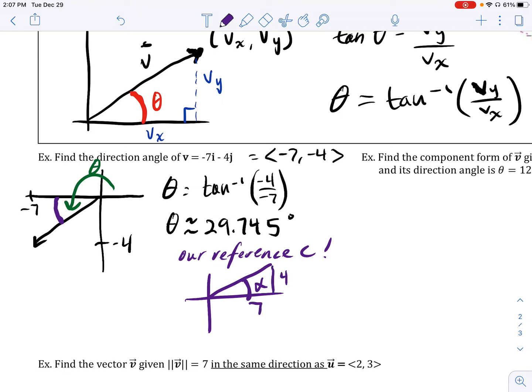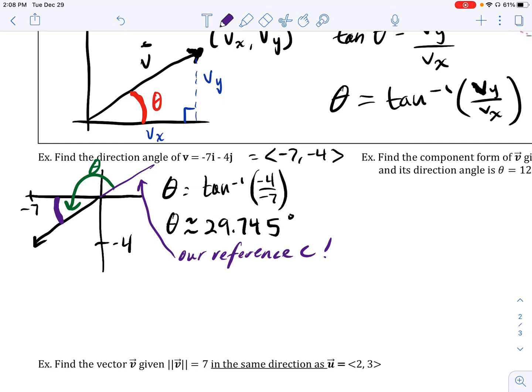That's what the calculator thinks we're doing because of what it understands about the range of inverse tangent. So we're going to leverage that and we're going to say, okay, since we're treating that as a reference angle, that's fine. We know that that is going to represent this same angle over here. So this angle that we just found, that's what the calculator gave us. We're going to say that that is our reference angle there.